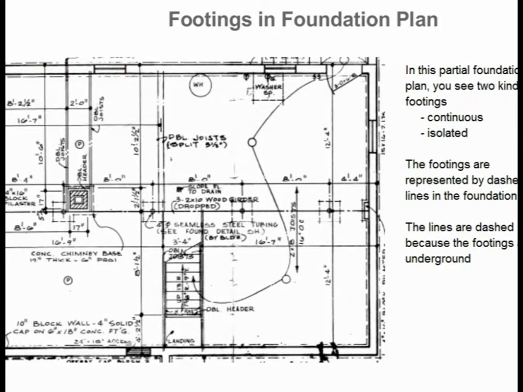The footings under the foundation wall are called continuous footings. You will also see dashed lines under the columns for the 4-inch diameter pipe columns. These footings are called isolated footings.